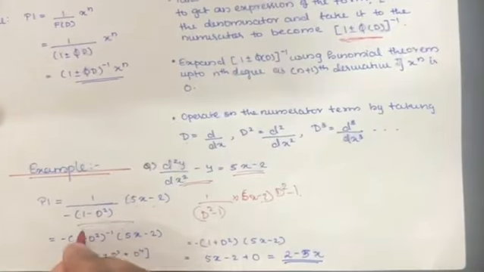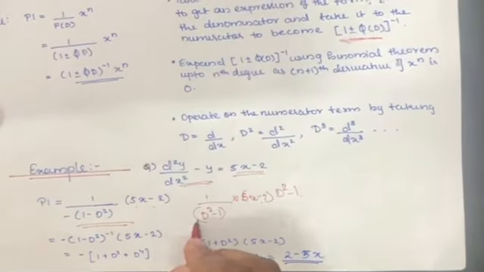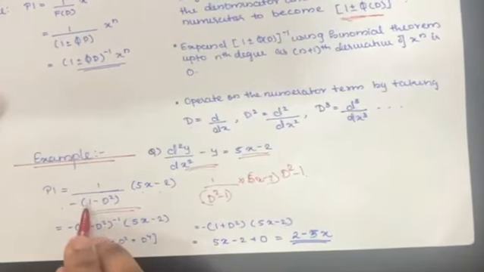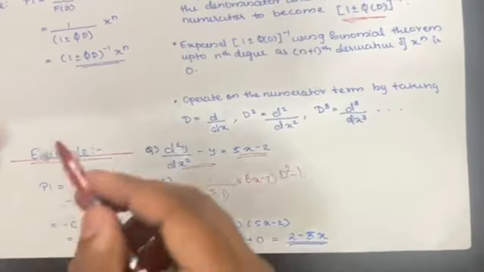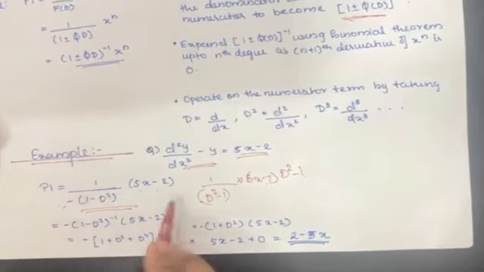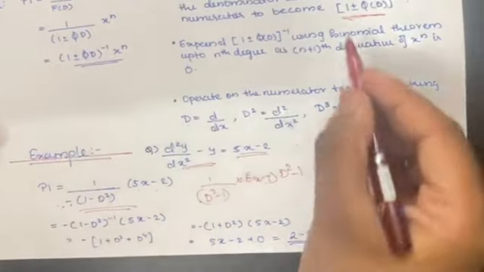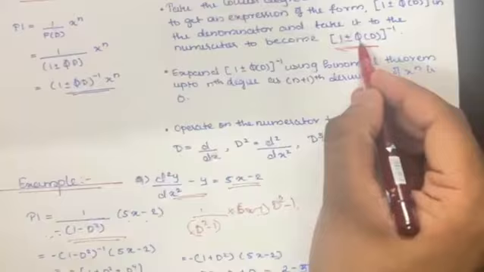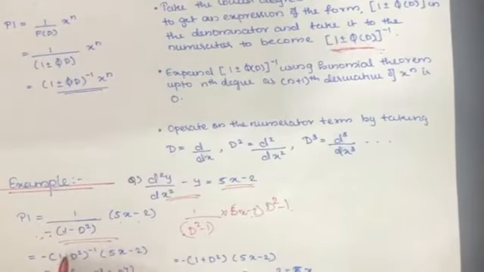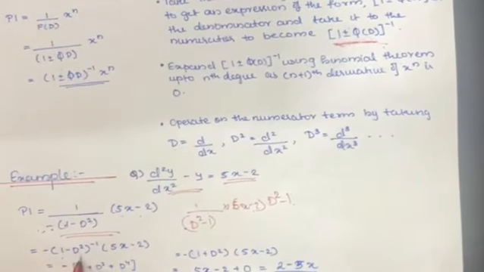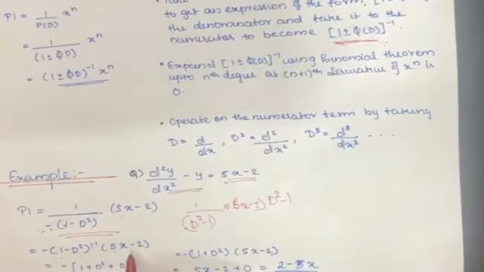We convert that into this form by taking out minus 1, that is minus of 1 minus d square. Now taking that to the numerator, this minus 1 is multiplied here to make it into our general formula 1 plus or minus phi of d. Now taking it into our numerator, we get minus of 1 minus d square whole to the power minus 1 into 5x minus 2.